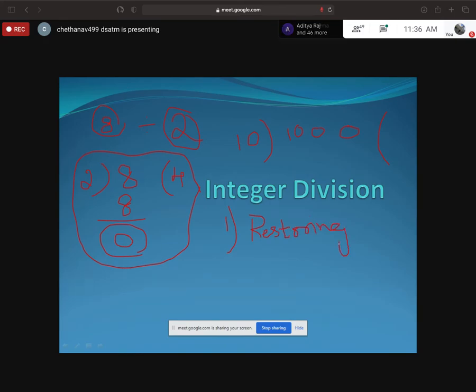I'm writing this down: division, and the second method is non-restoring. So there are two methods, and using these two methods we are going to do the division operation.